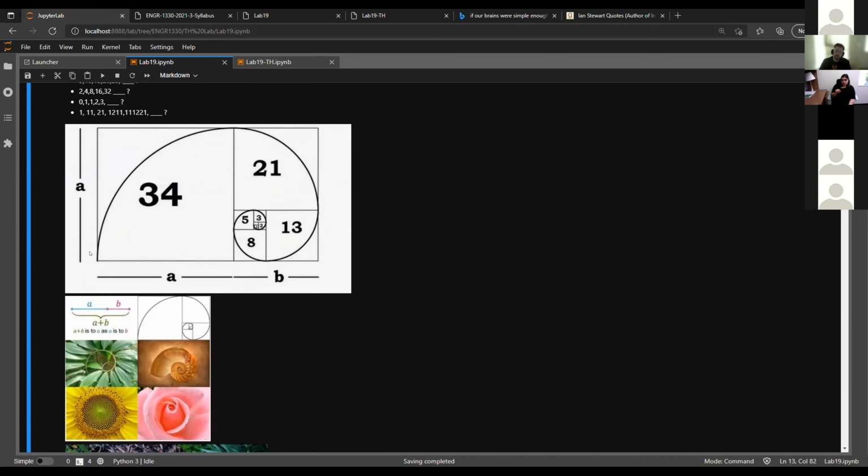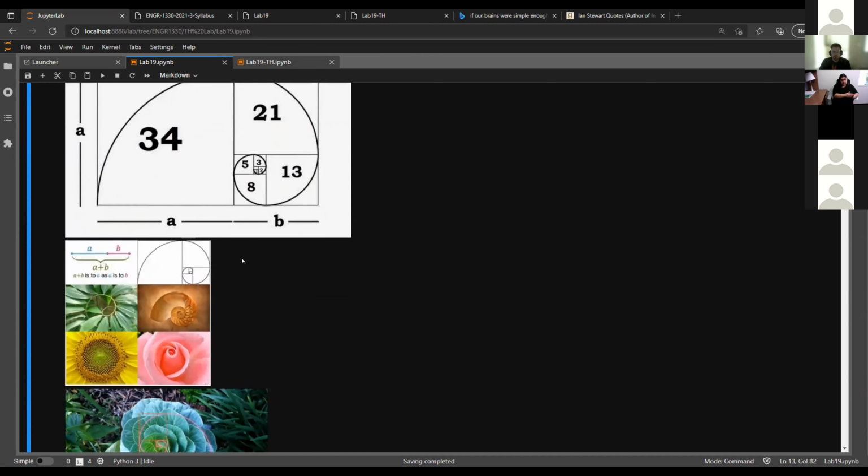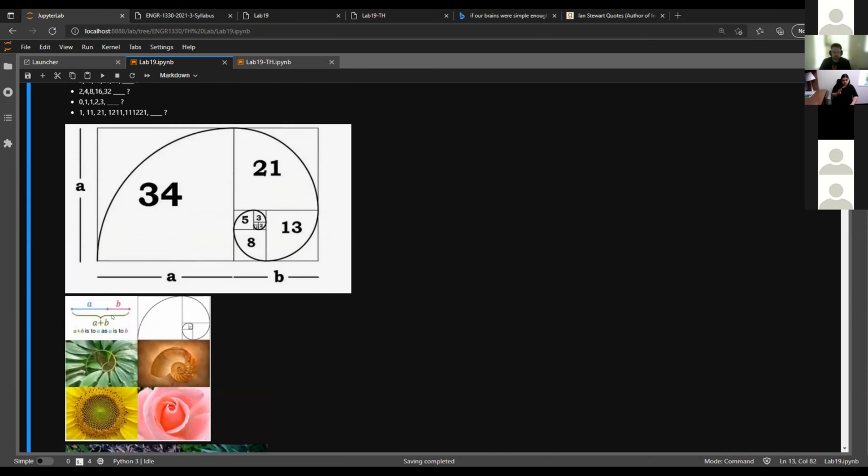In that you have something with a length of A, and then let's call it a width of A and B. And the actual ratio is A plus B is to A as A is to B, meaning, let me get the annotation tool up, meaning that this length here and this length here have the same kind of ratio.